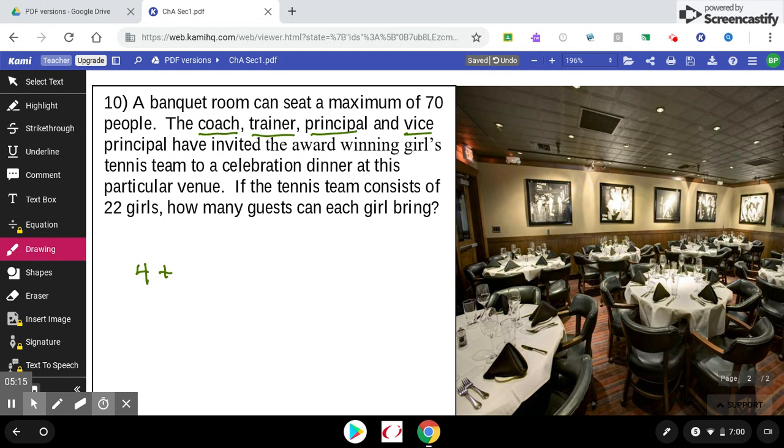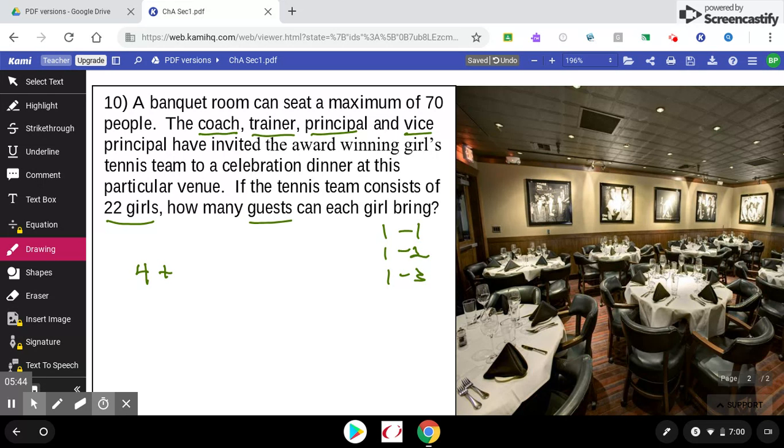So they've invited the girls' tennis team, and the tennis team consists of 22 girls, and they get to bring a guest or more guests. So the question will be, how many guests? Well, if one girl brings a guest, or if one girl brings 2 guests, or if one girl brings 3 guests, we kind of have to multiply this together to see how many people she's bringing, right?